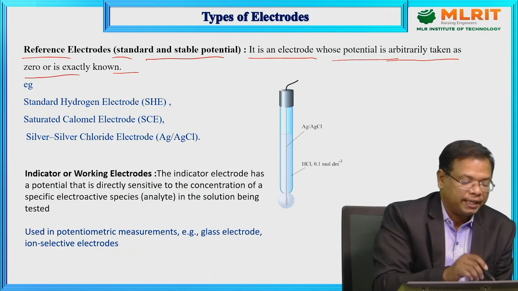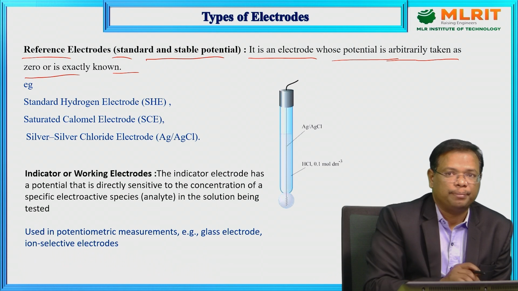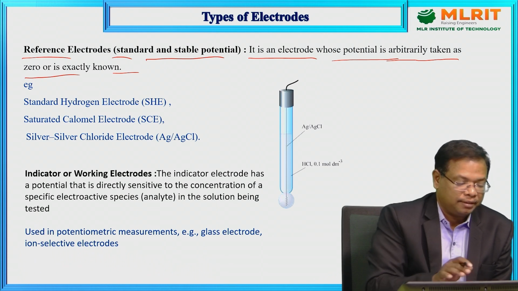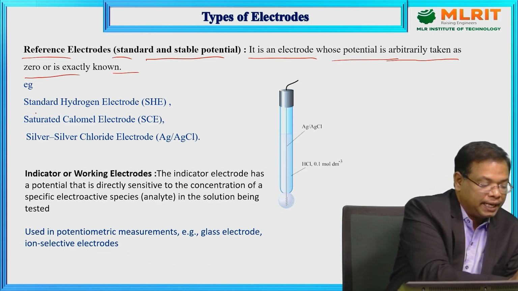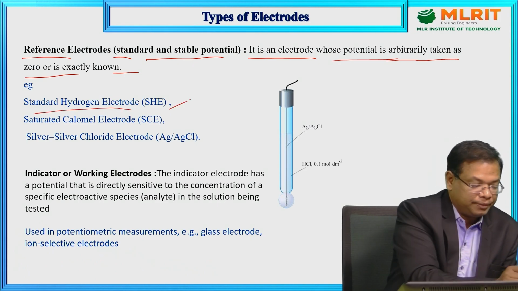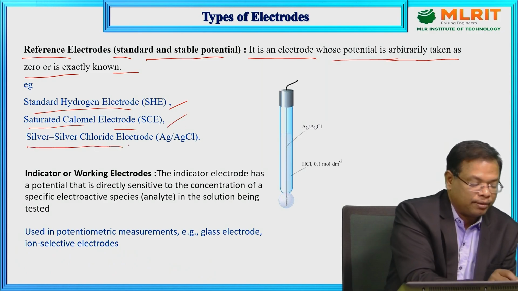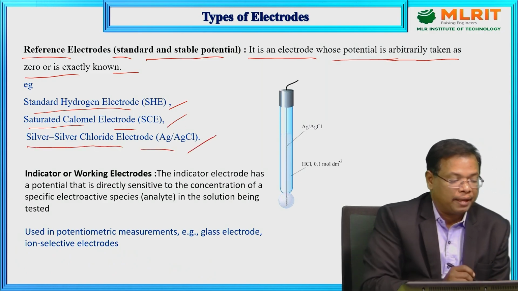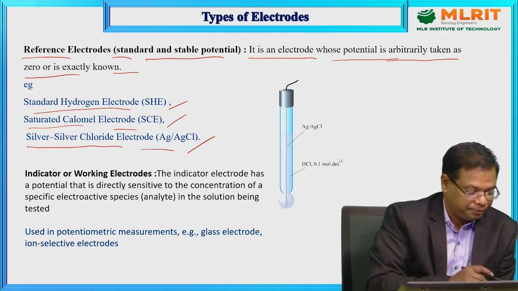By using the working electrode and taking the reference electrode, they will find out the particular pH, conductivity, or potential of the electrodes. So the standard hydrogen electrode SHE, saturated calomel electrode and silver chloride electrode are the standard and stable potential electrodes.